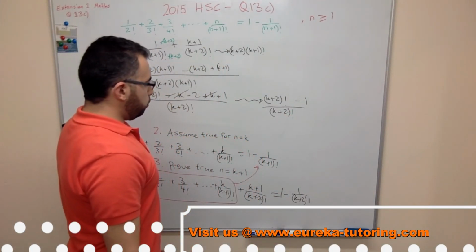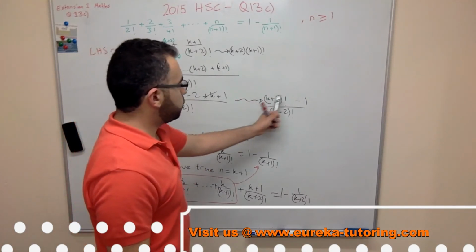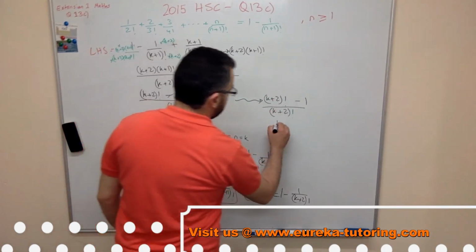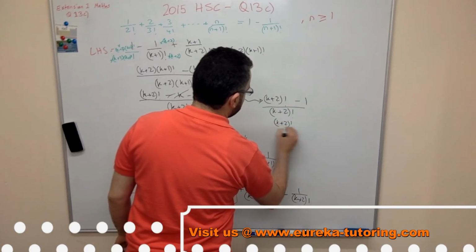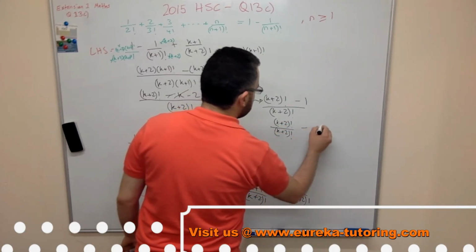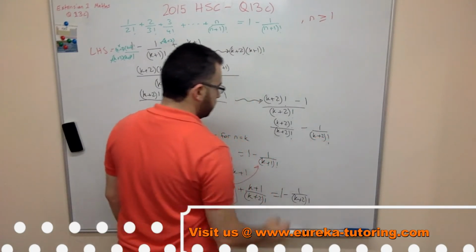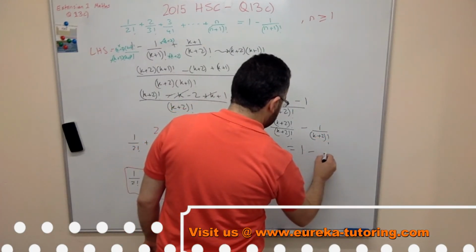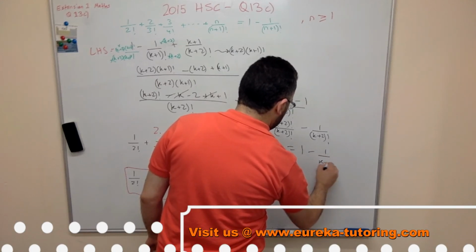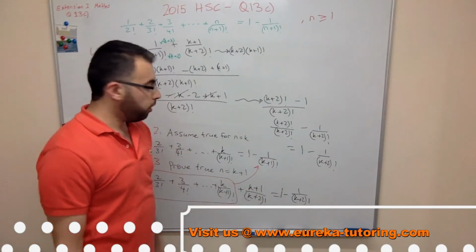Now what we need to do is just separate it, so split them up. So (k plus 2) factorial over (k plus 2) factorial minus 1 over (k plus 2) factorial. So you get 1 minus 1 over (k plus 2) factorial. And that equals our right-hand side.